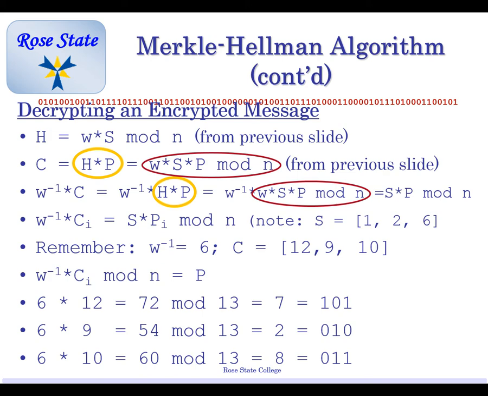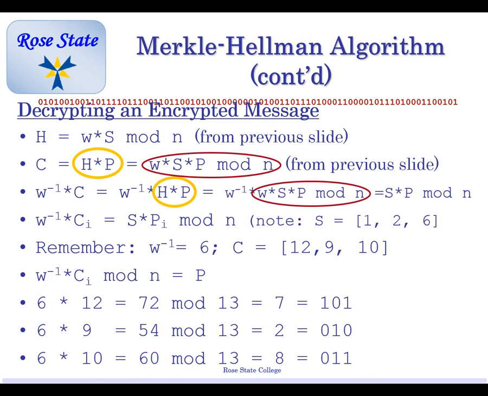So 6 times 12 is equal to 72. Mod 13, which is N, gives us 7. So far, so good? So 72 mod 13, again, we take the 13 in front of the 72, calculate the remainder, and come up with 7. Okay?